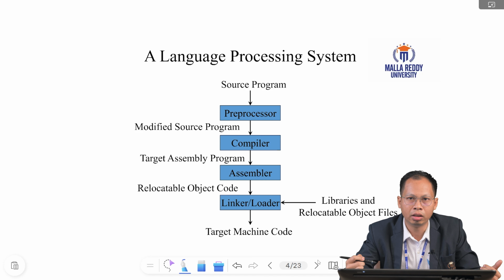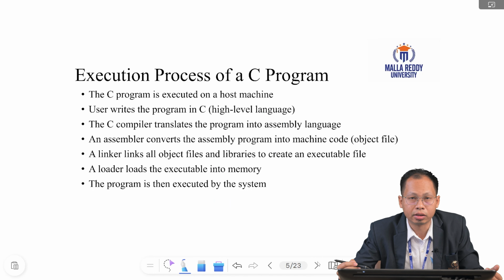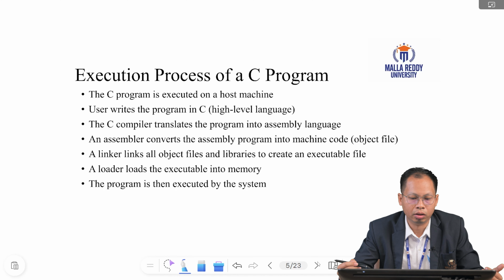The loader will load the object code into the memory, and it will execute and give the target machine code. If you consider the example of a C program running on a host machine, we write the program in C, which is a high-level language. The C compiler translates the program into assembly code.